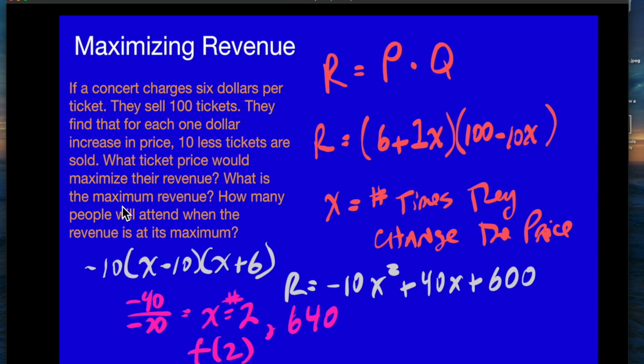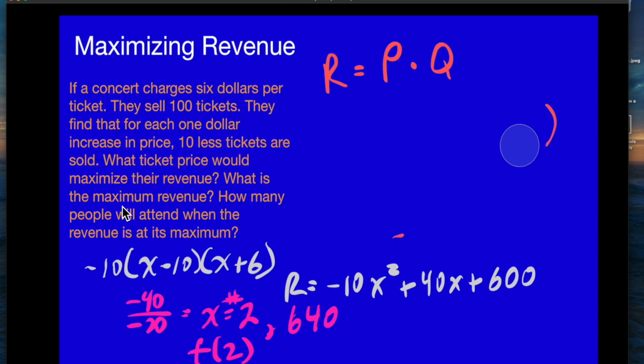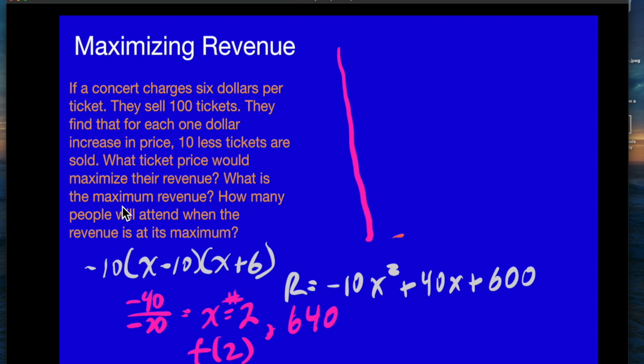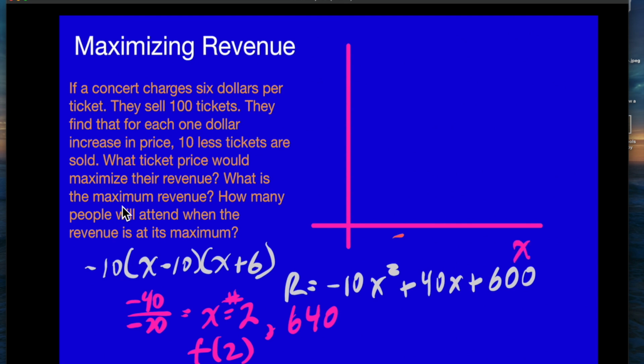Okay, so let's put this together in a graph and see what we have. Along the y-axis, we're going to have revenue as a function of x. X is the number of changes that are made.